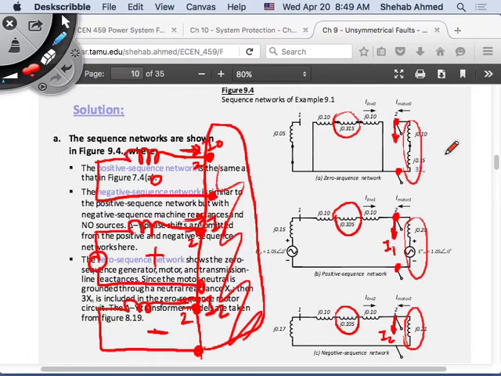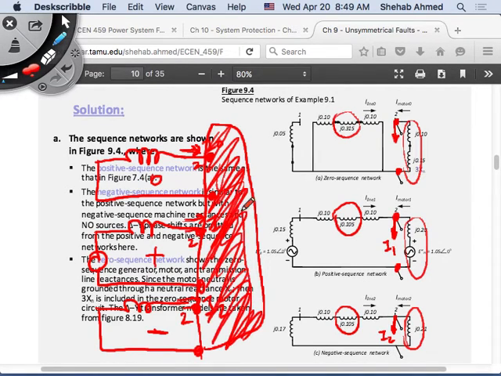Look at them. Again, as I said, you have the positive, negative, and zero sequence circuits. These are the Thevenin equivalents at bus 2, for example. Then there is a certain type of fault, so you connected them in a certain way. I don't care which type of fault.